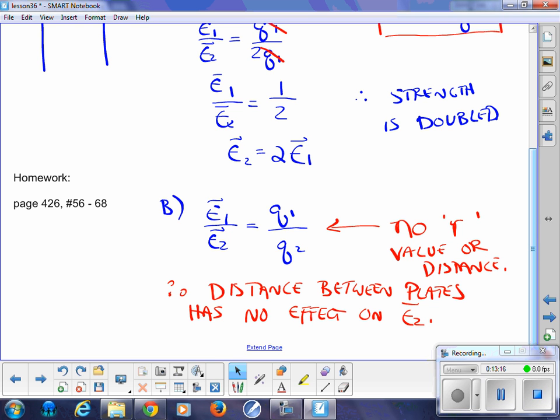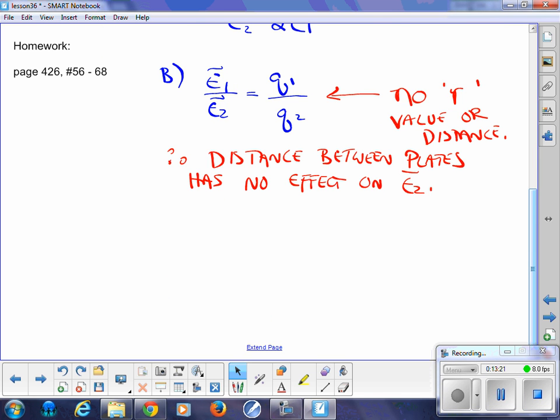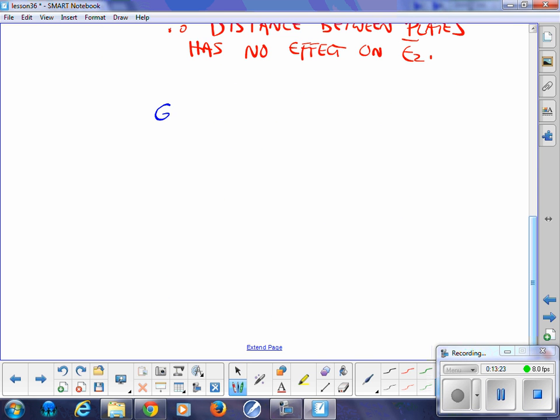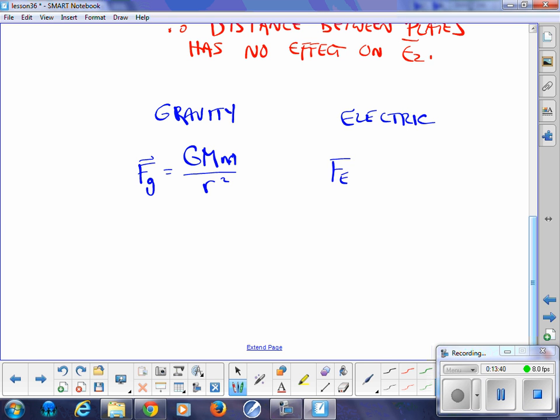So there we go with field strength. Just as a quick comparison, keep in mind we talked about gravity, and we have electric. Our gravitational force is G M m over R squared. Electric force, Fe, is K Q1 Q2 over R squared.